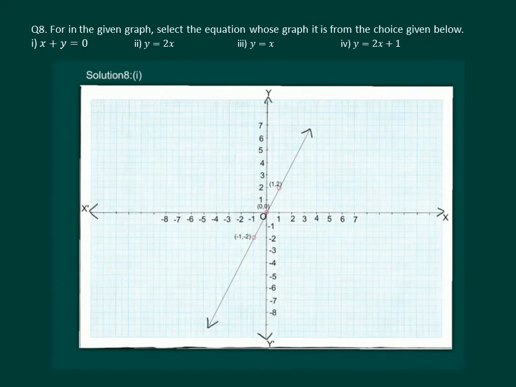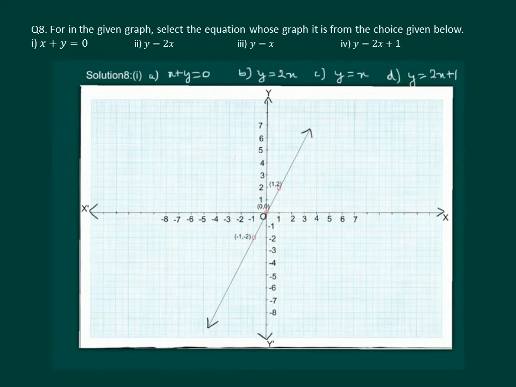Let us read the question. For the given graph, select the equation whose graph it is from the choices given below. In the first part, we are given 4 equations and we have to find out which of these equations the given graph represents.